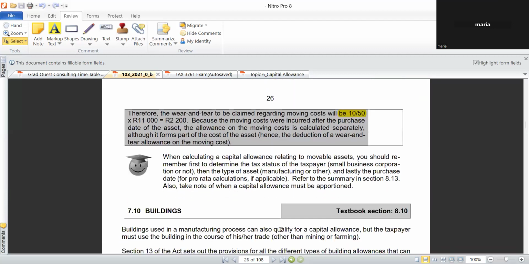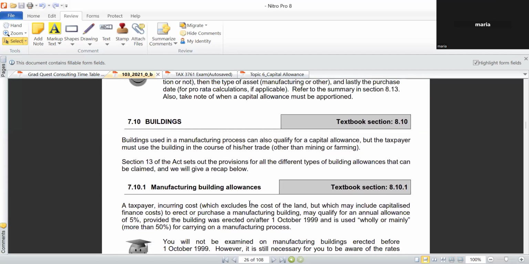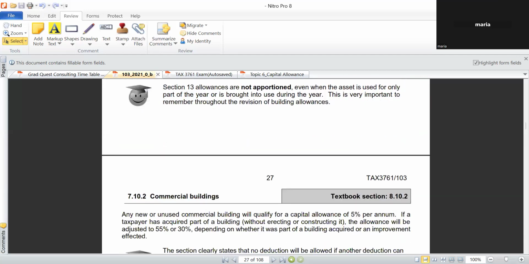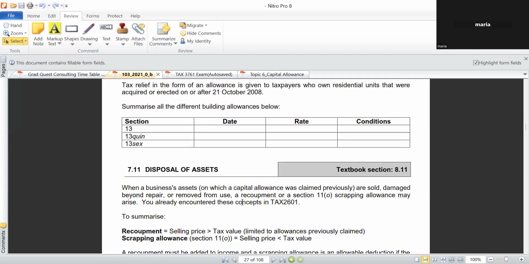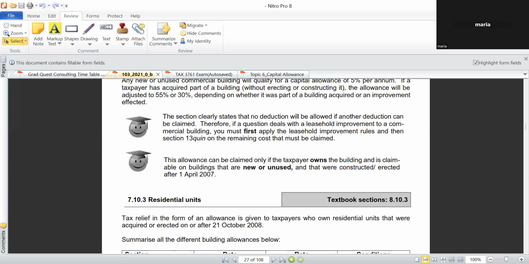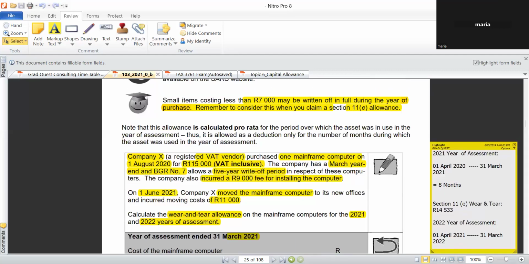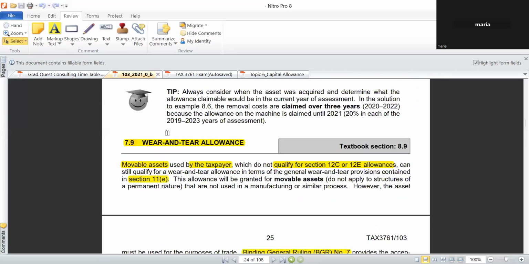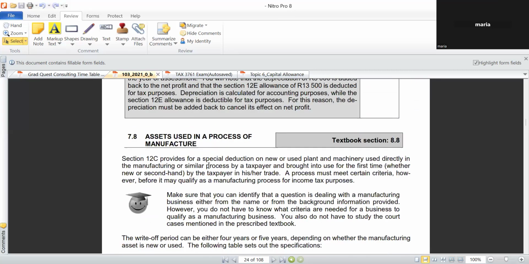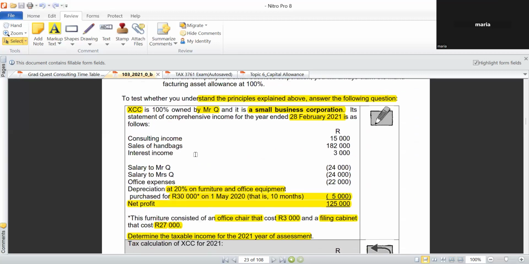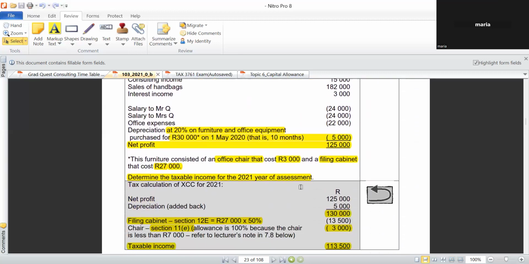No, not this one, sorry, my apologies. It should be the one about section 11E capital allowances. So I'm just looking for that real quick, if you may allow me. Yeah, it is this particular example.